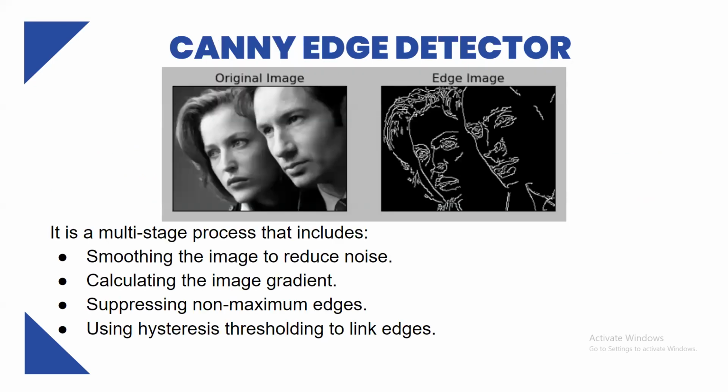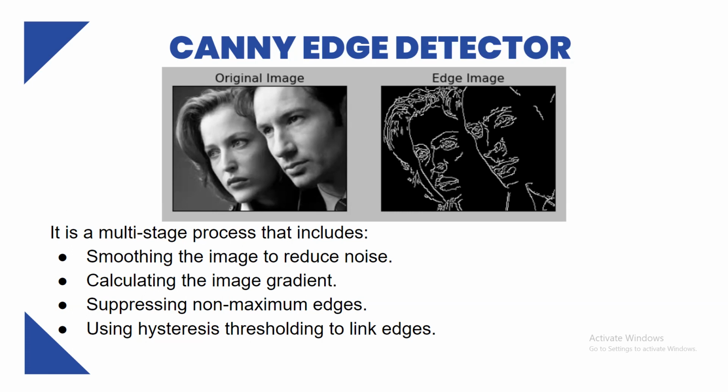Now, the Canny edge detector, just like I told you earlier, is the most commonly used as compared to all the others. The steps of using the Canny edge detector: you first smooth the image to reduce the noise. You can use Gaussian smoothing, whichever of your choice.